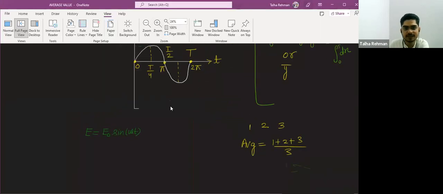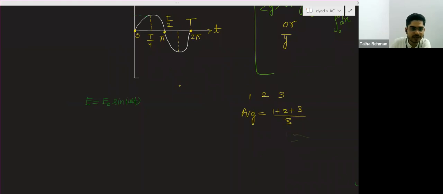So we will apply this thing here. I want to calculate the average value of EMF. You can write the average value of EMF like this, or simply like this, in short.